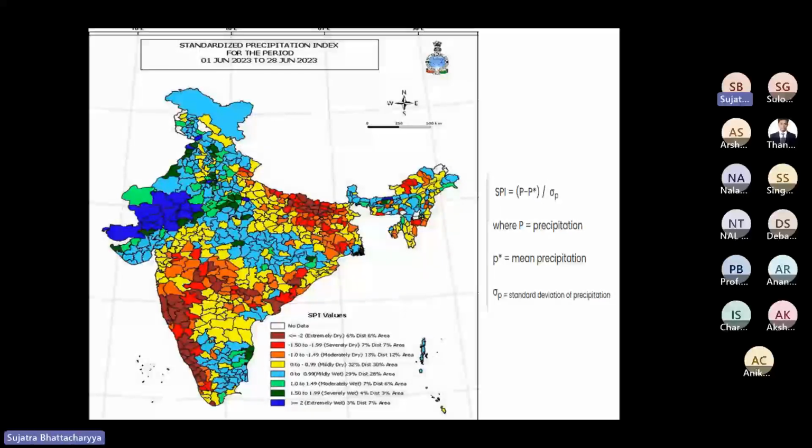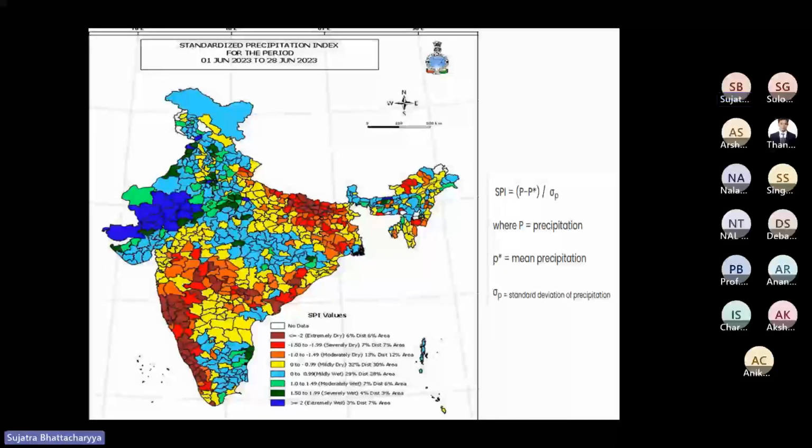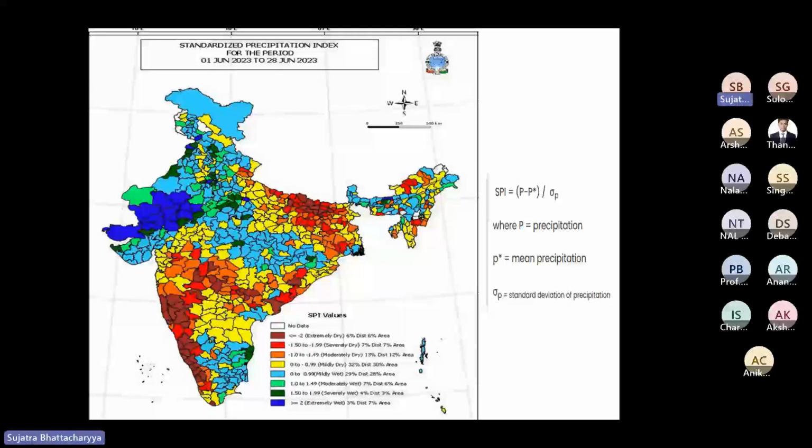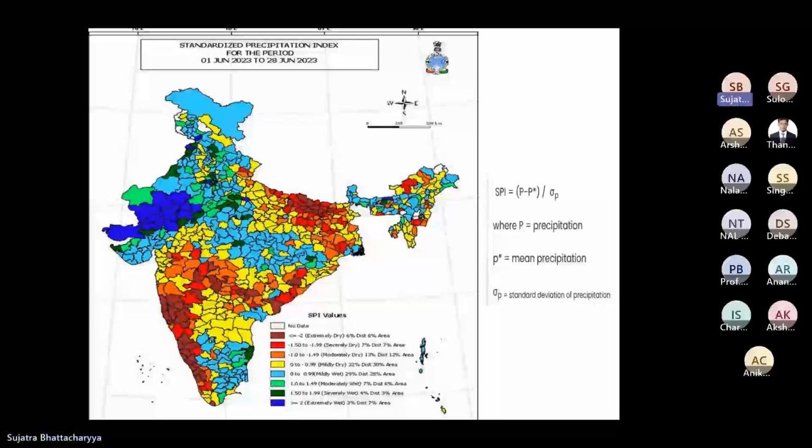Only this portion gained by the cyclone, and this portion gained by some systems coming across in the last few weeks. Okay? And of course, South India also did well in the early part. But this portion and parts of North India also are not doing well. So this is another way of showing rainfall anomaly, but standardized in terms of the mean and standard deviation.